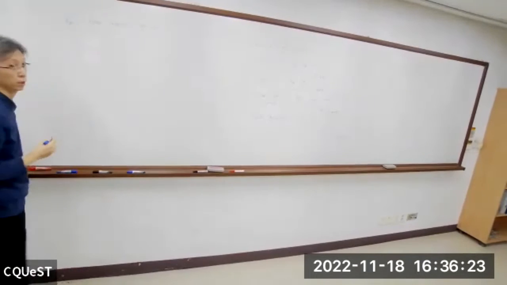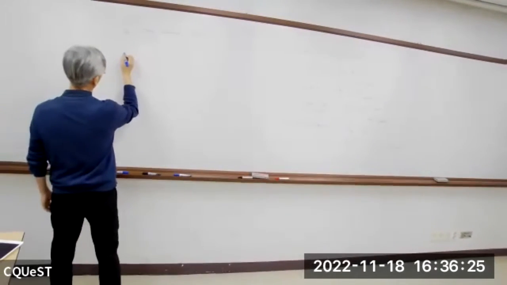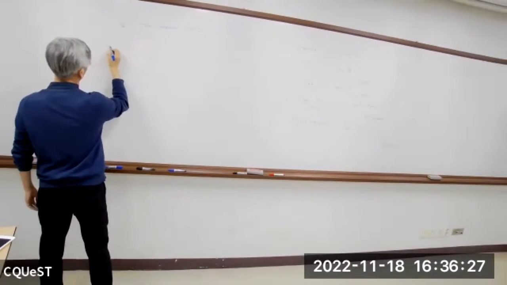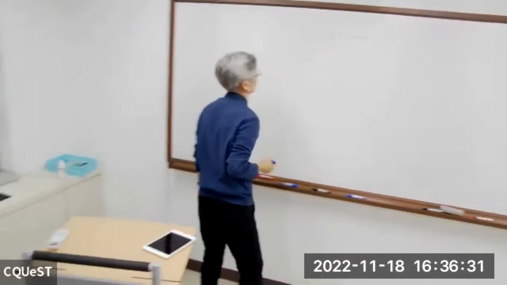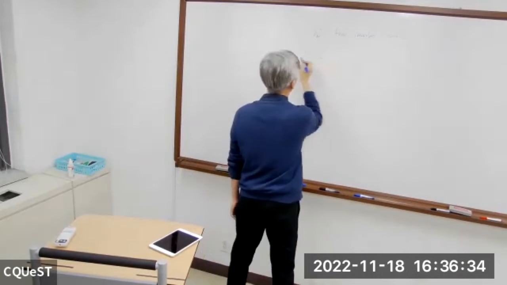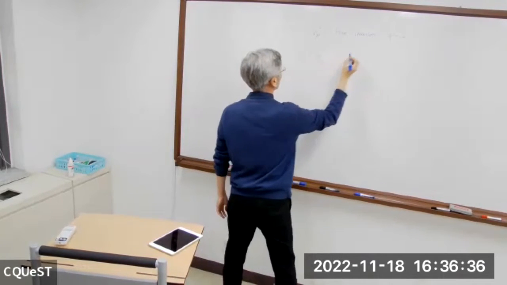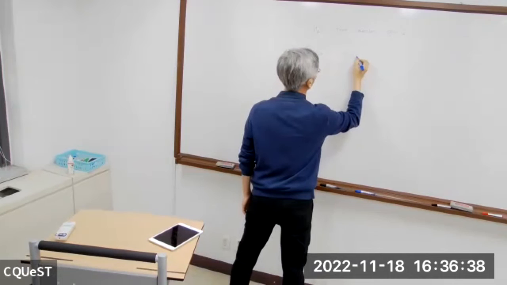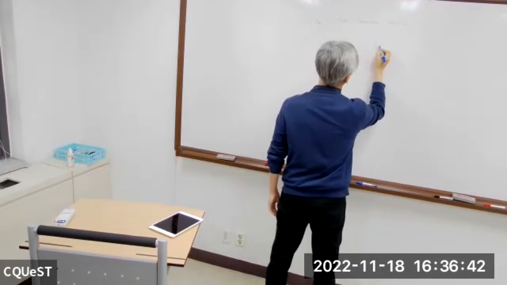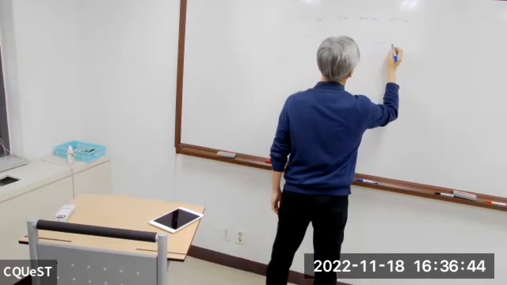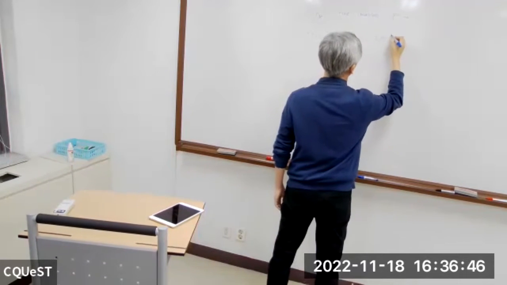You put many different copies, and then try to add interaction terms. This way, people tried to construct multi-gravity theories in the past.